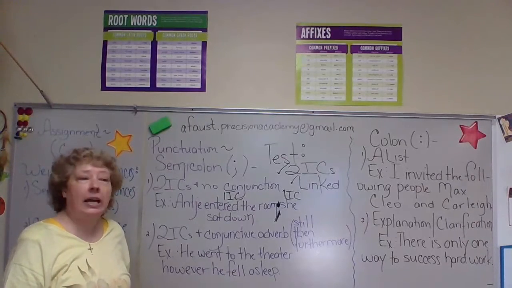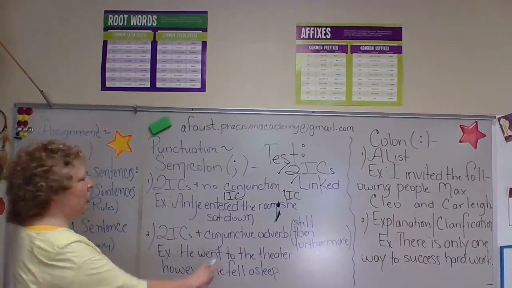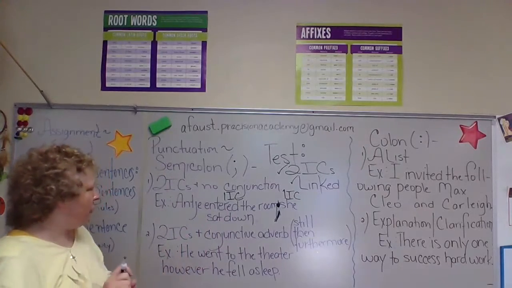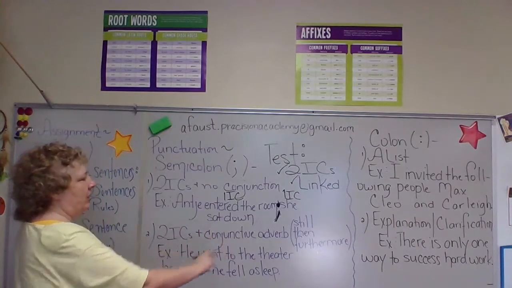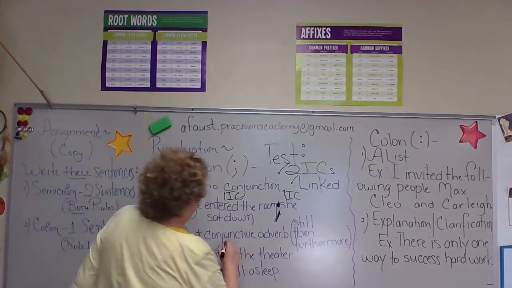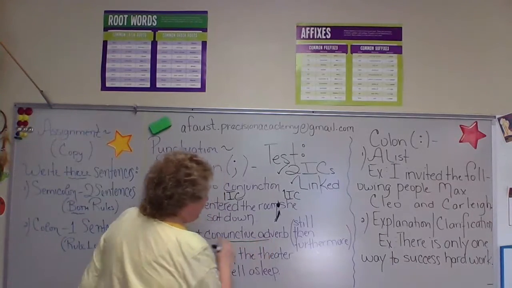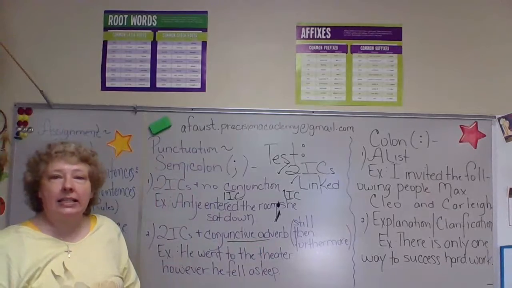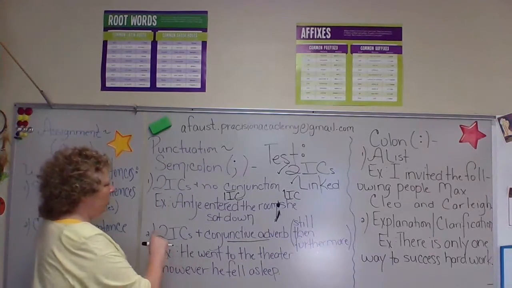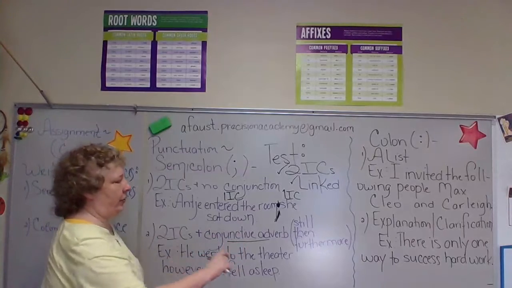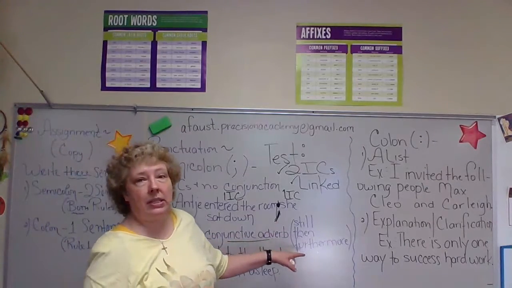Questions? None? Okay. Rule number 2: 2 ICs and conjunctive adverb. This is a new phrase for us. It's also a type of conjunction. 2 ICs and conjunctive adverb. Here are some examples.